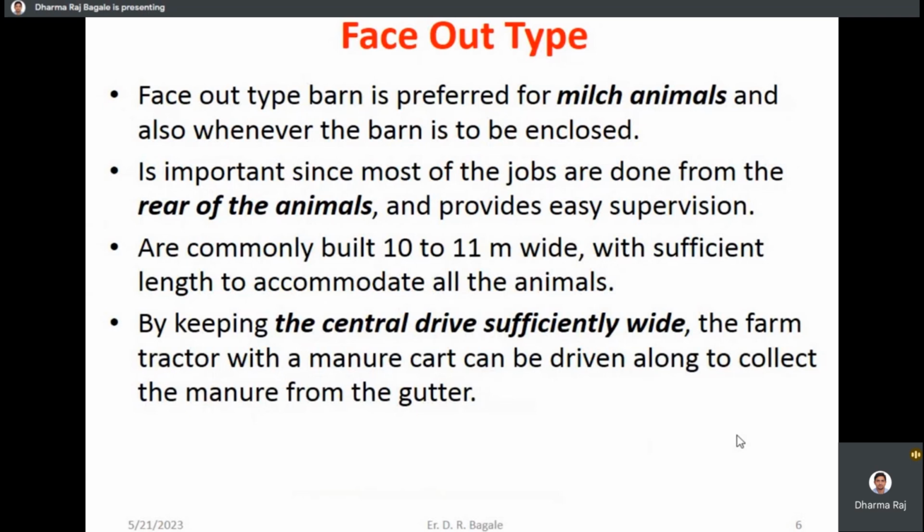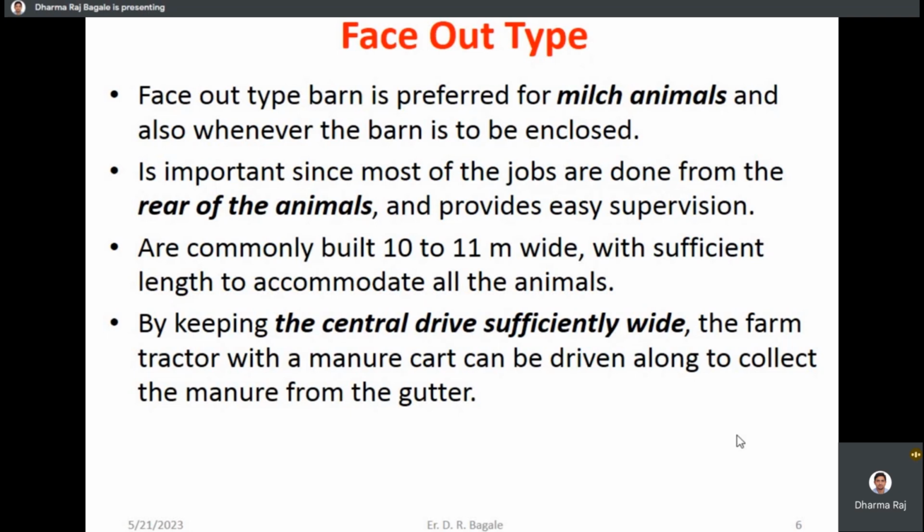Animals face outside, usually for milk animals, and whenever the barn is to be enclosed, when we are building the fence for protecting the cows from wild animals, stray dogs or bad weather, in that condition also we can prefer this system.